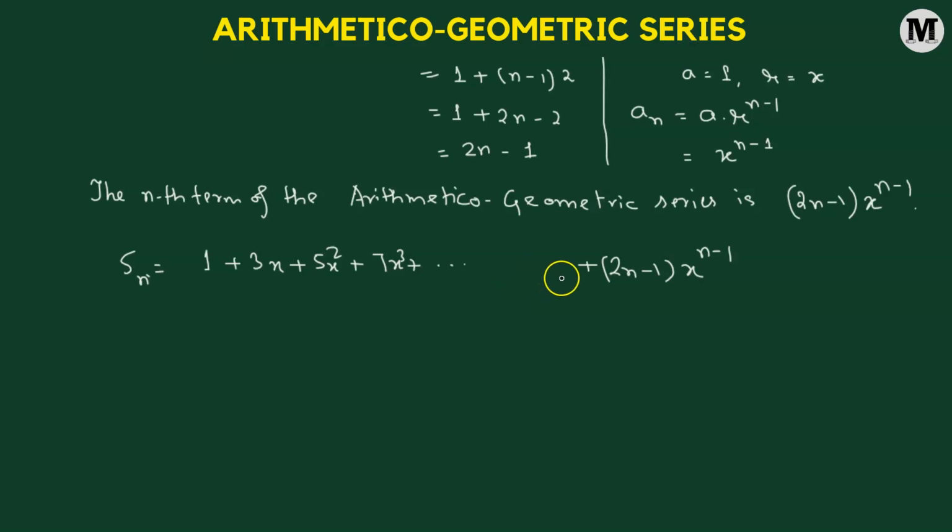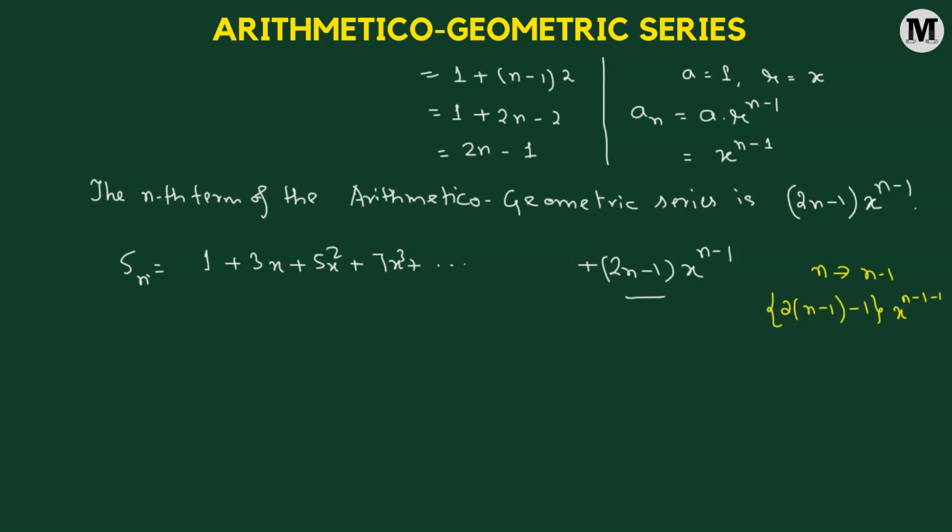To find the value, we need one more thing. We need the second last term. To find the second last term, we just consider the nth term and substitute n with n minus 1. Then 2n minus 1 becomes 2 times n minus 1 minus 1, which gets multiplied by x raised to the power of n minus 1 minus 1.